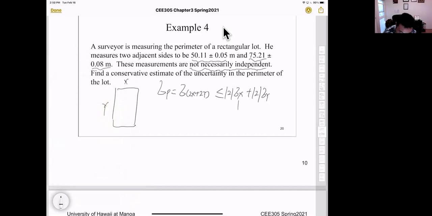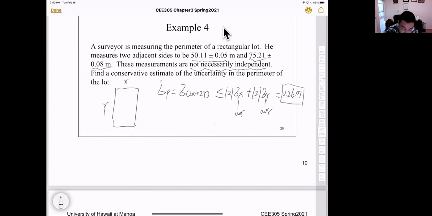Sigma x is 0.05, sigma y is 0.08. So that turned out to be 0.26 meter. If we do not know whether they are independent or not, then the sigma of the parameter should be less than or equal to 0.26.